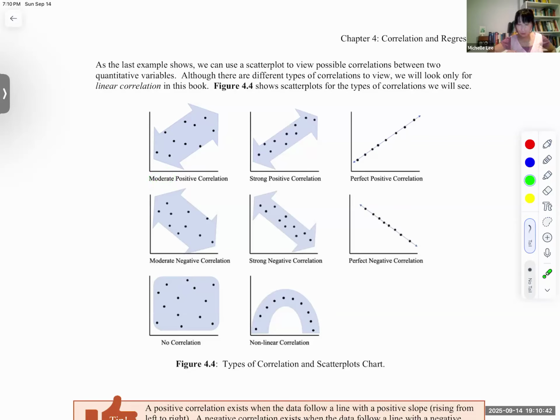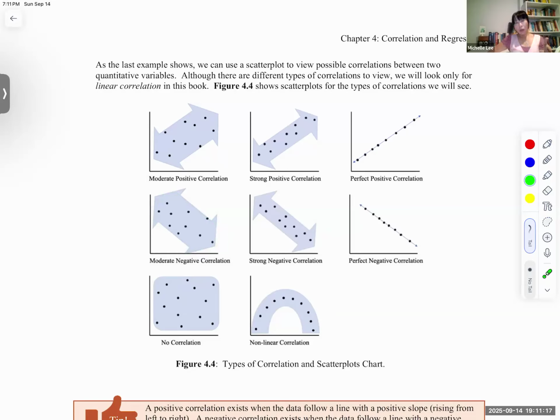All right. Let's take a look that way, right? Let's take a look. This is a perfect negative. And then this is a strong negative correlation. And then this is a moderate negative correlation. All right.